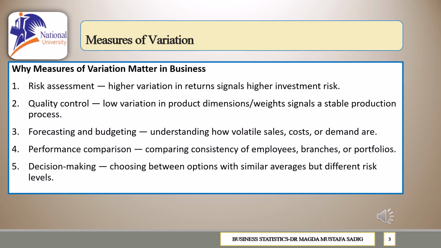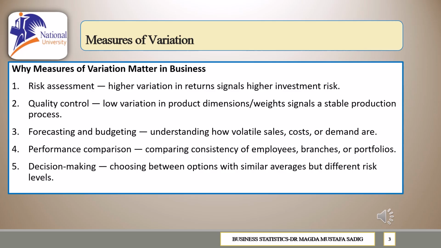So now let me discuss why measures of variation are important in the business world. First, risk assessment. In finance and investment, variation is closely related to risk. For example, imagine 2 investments. Both may give an average return of 10%. However, investment A may produce returns of 9%, 10% and 11%, which means the returns are relatively stable.